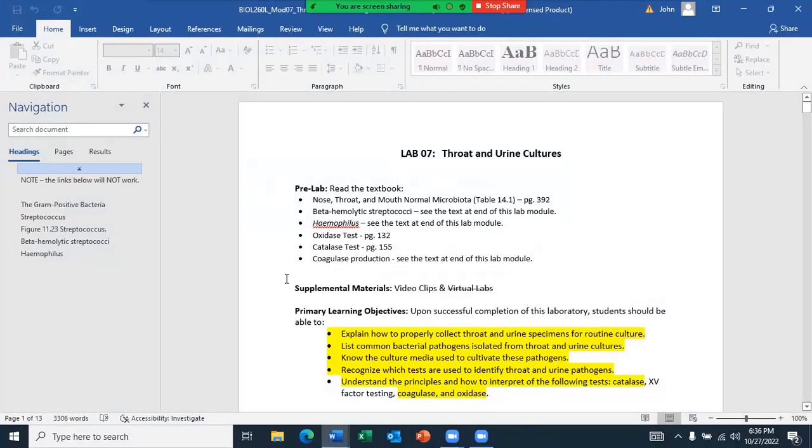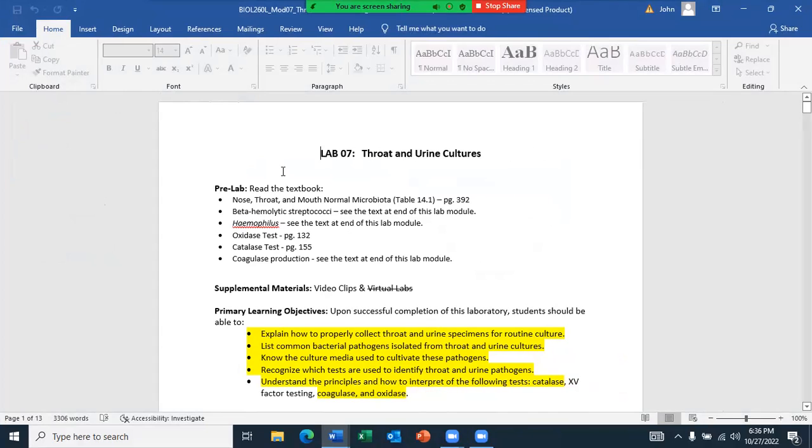All right, Lab 7. Hopefully this is a new version of Lab 7. You do have some reading to do before you start Lab 7, so take a look at that. It's not too much. You need to read about the nose, the throat, and the mouth on page 392. You should read about the beta hemolytic streptococci, and that you can see the text at the end of this lab module.